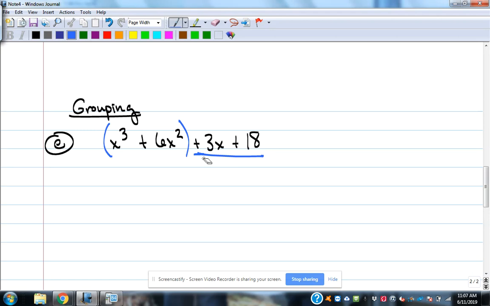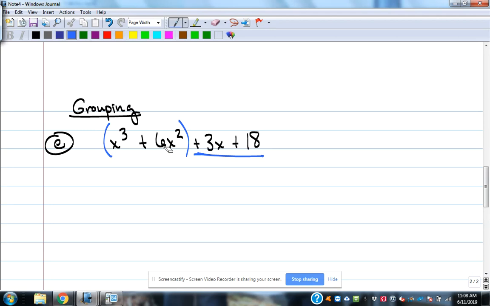Okay. Now, what we're going to do is we're going to work this like two different problems when we're looking for a GCF. Because if I look at the first half, what's the GCF between an x cubed and a 6x squared? X squared, because this one has 3, this one has 2.